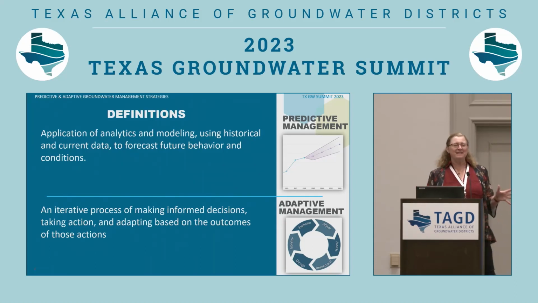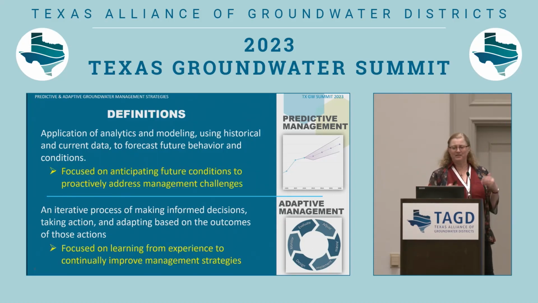So just some basic definitions right now. Predictive management, adaptive management, they're kind of self-defining. But at the risk of being too basic here, I want to point out this very key difference. They're not interchangeable terms. Predictive management is about anticipating future conditions, using modeling and analytics, historical and current data to predict what's going to happen, and then craft decision-making policies around those predictions.